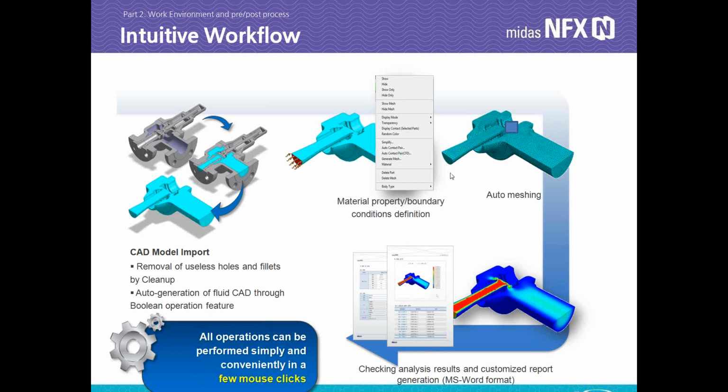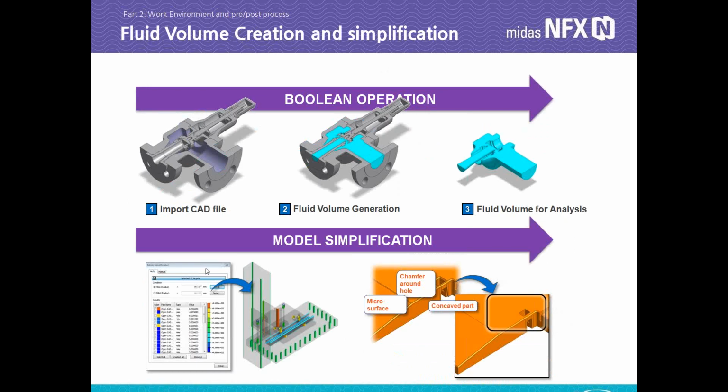You use this fluid volume to apply the boundary conditions and the loads. You can use the auto meshing to get the mesh, get the results, and output that into a report. Here you have the MS Word format report type, but we also have another type, which is the 3D PDF. I'll show you a picture right after.